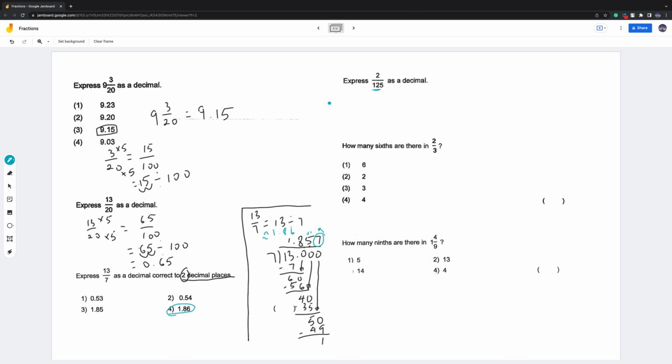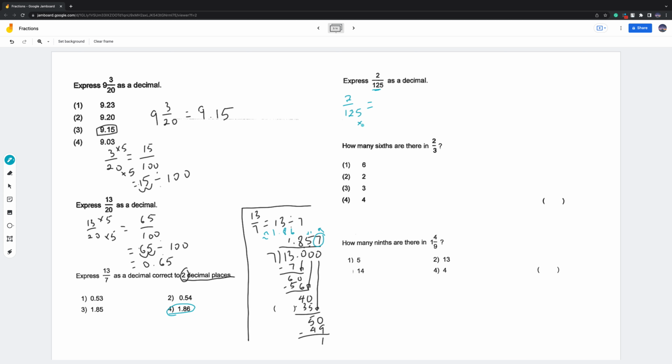Next, 2 over 125 as a decimal. Look, they did not mention for us to correct to 2 decimal places or any other decimal places, in fact. So we know we can change this to 10, 100 or 1000. And logic will tell us that we won't change it to 10, nor will we change it to 100, because 125 is greater than 10 and greater than 100.